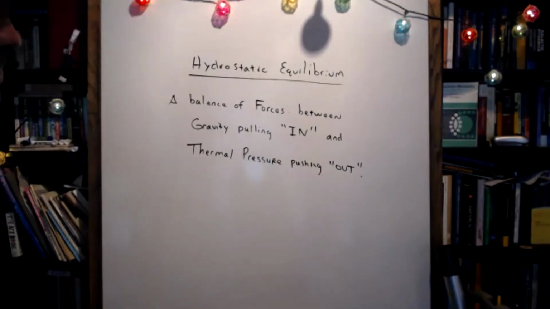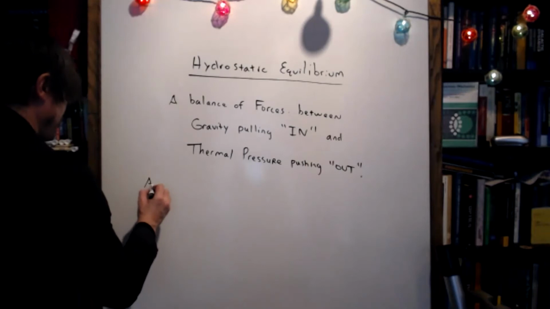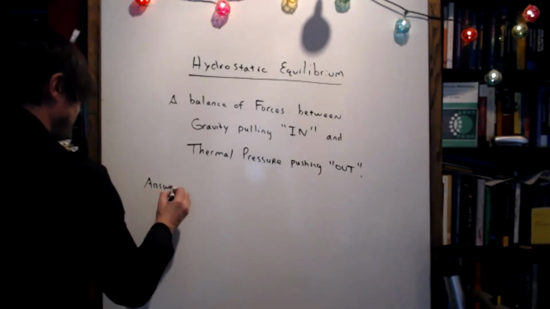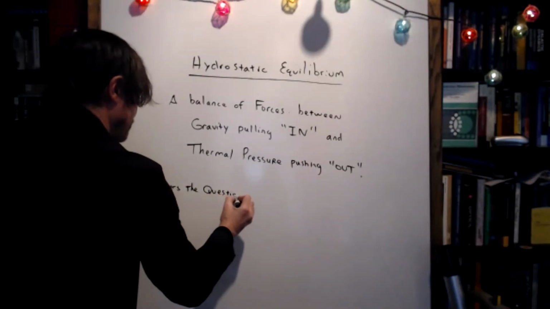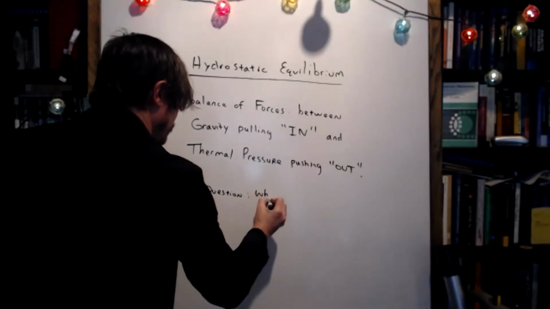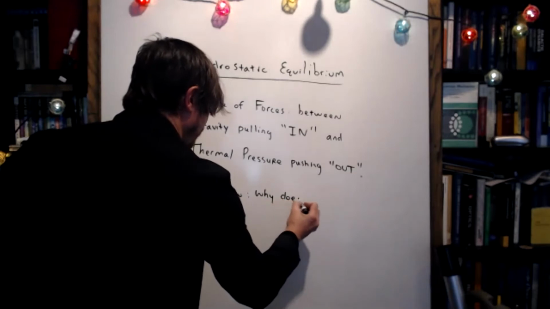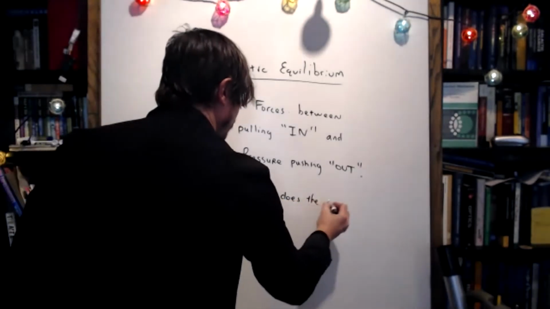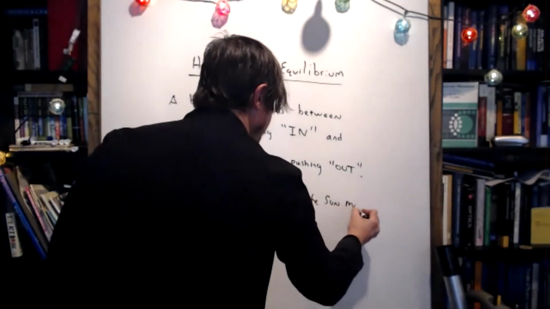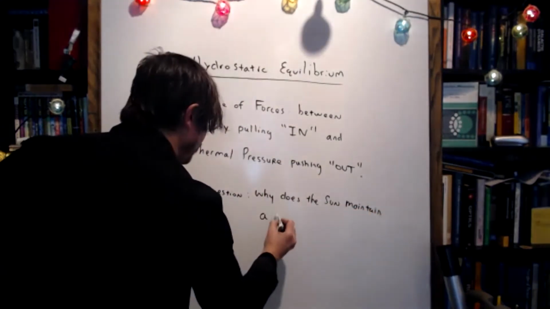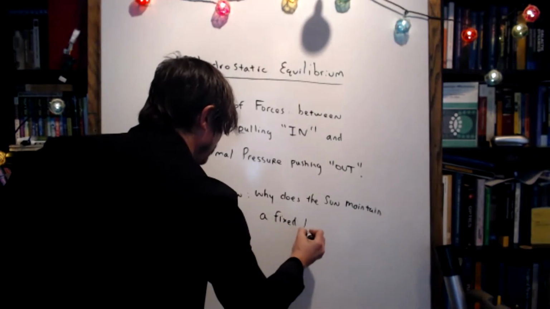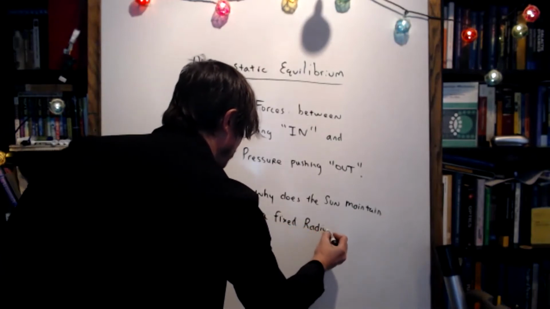Hydrostatic equilibrium answers the question, why does the sun maintain a fixed radius?